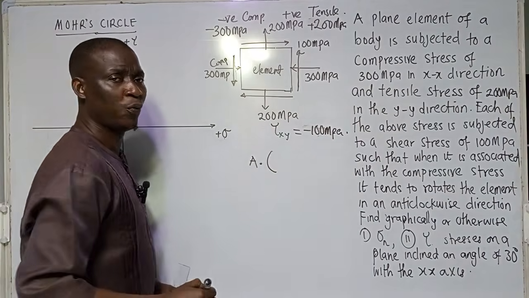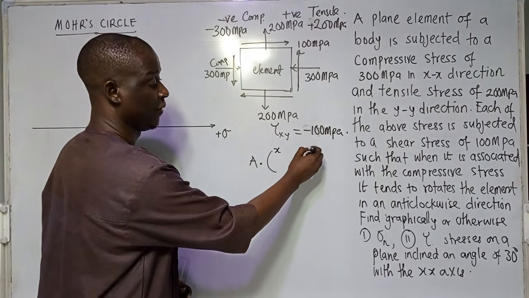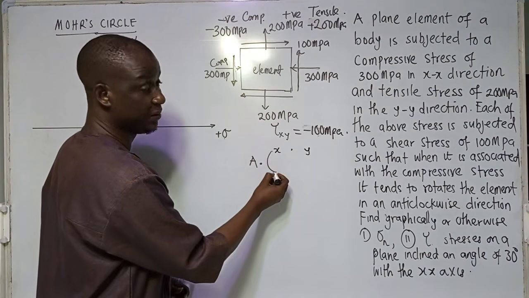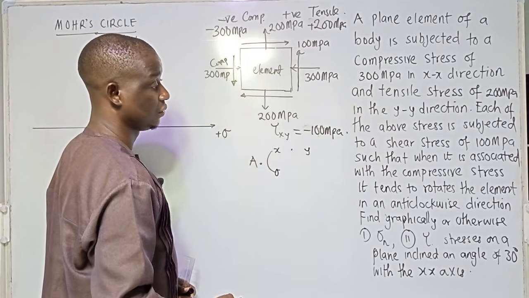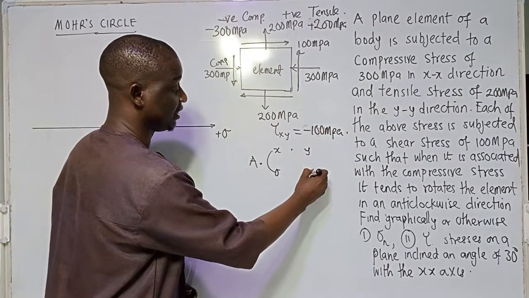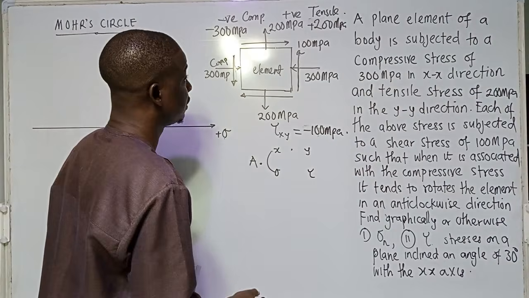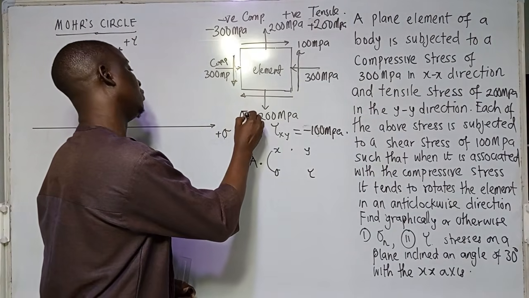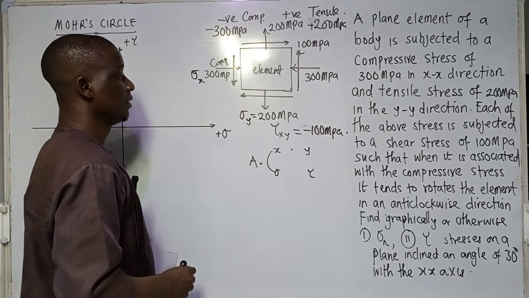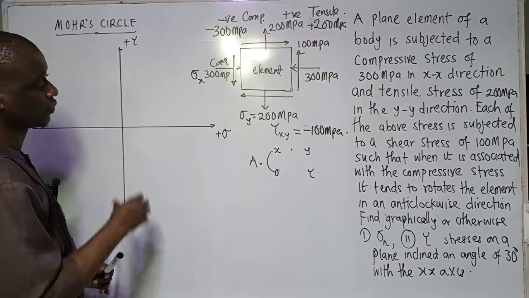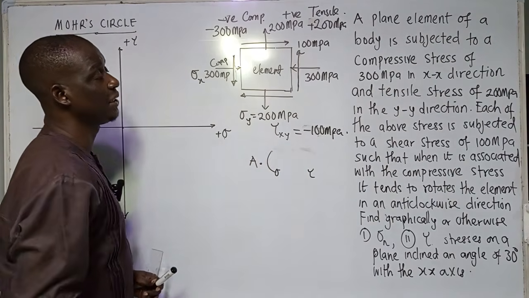According to our coordinate system, X should be written first before Y. So the coordinate on the X is the stress, while the shear stress is on the vertical axis. Now this is Y, and this is X.